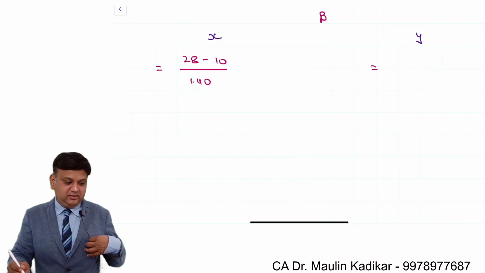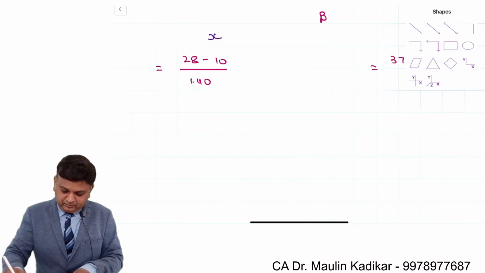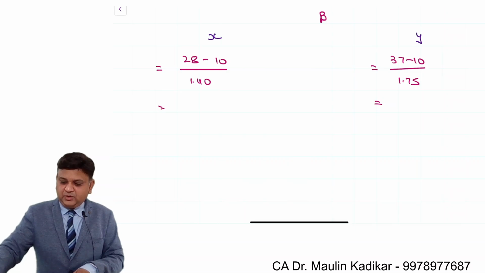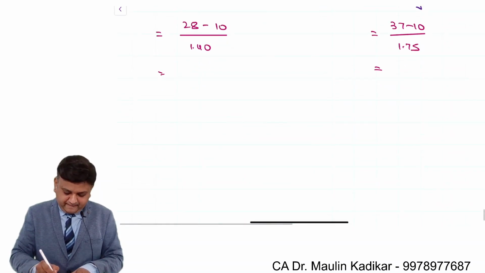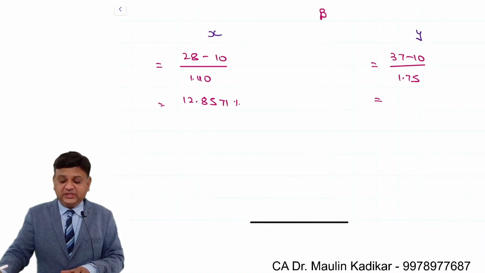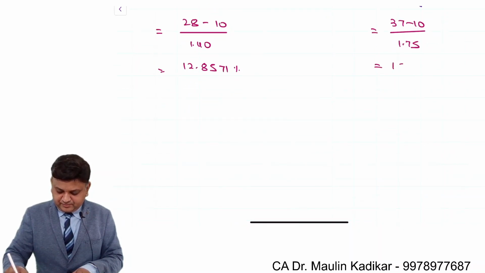Similarly for security Y, it is 37 minus 10 divided by beta, that is 1.75. 28 minus 10, that is 18. 18 divided by 1.4 is 12.8571. 37 minus 10, 27 divided by 1.75 is 15.4286.